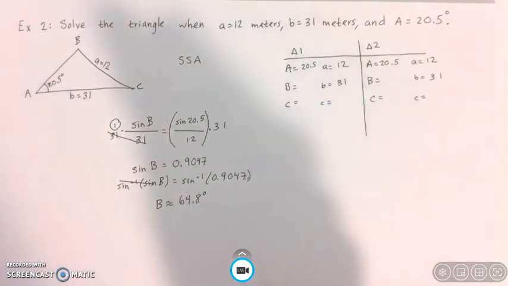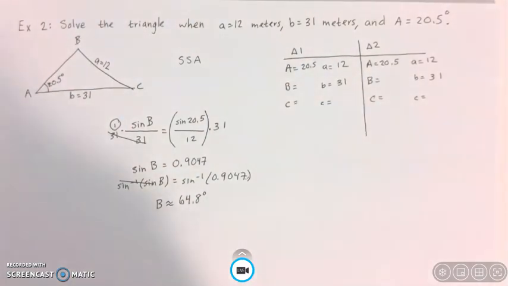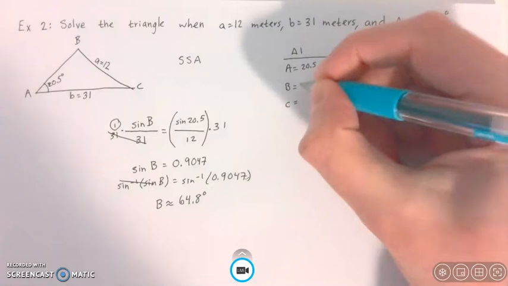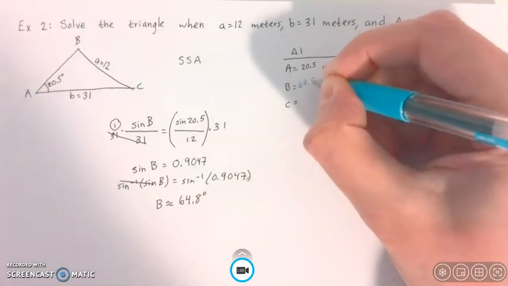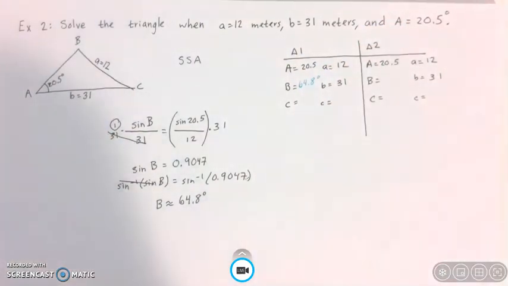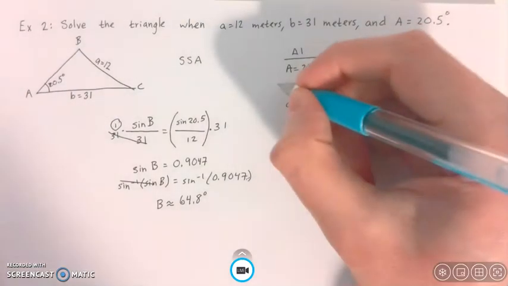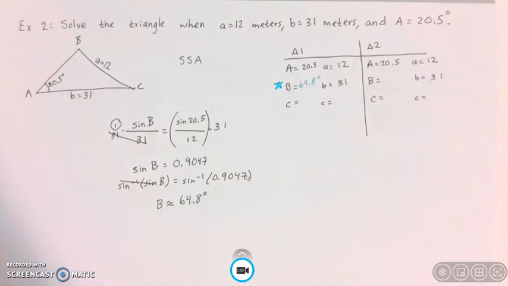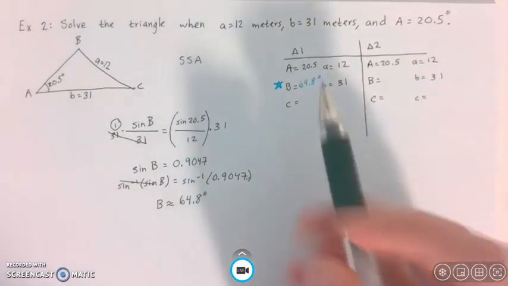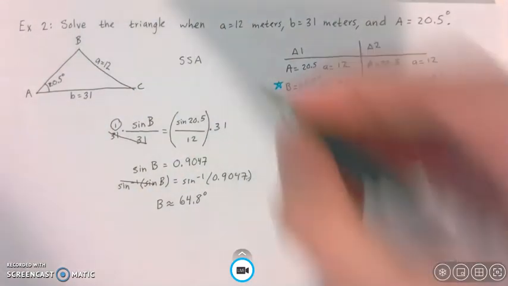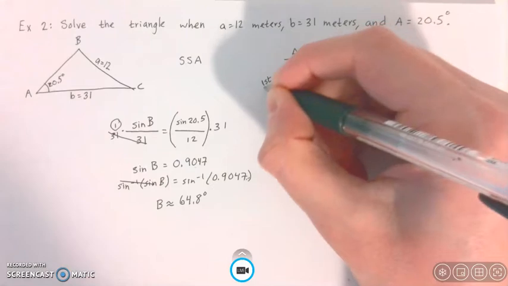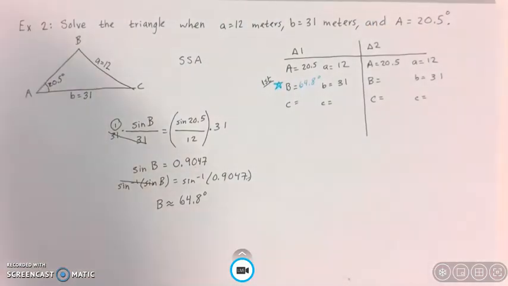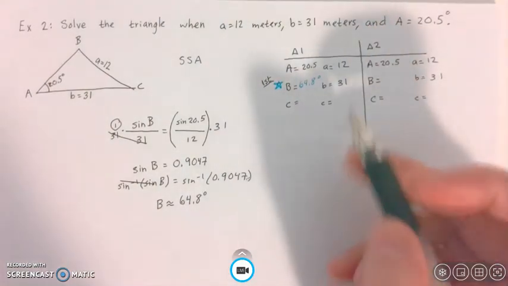All right, so I'm going to plug that in for B, 64.8 degrees. I'm going to keep solving, but I'm just going to star this really quickly because we're going to use that later on. That was the first angle that we solved for, and that's going to be really important in the next step. All right, let's keep solving.